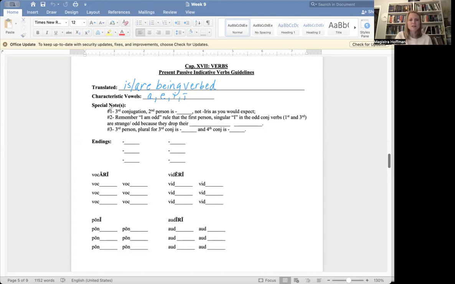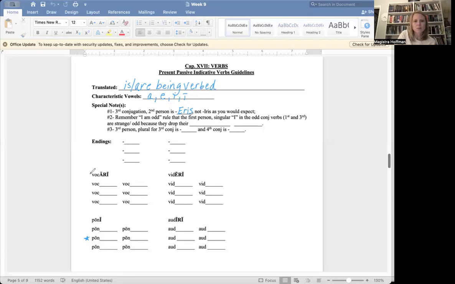There are a couple of special rules we want to take note of. The first one is for the third conjugation in the second person, this ending here. You would expect an I before its ending, but instead you're going to have an E before its ending. The I am odd rule also applies to the present passives.